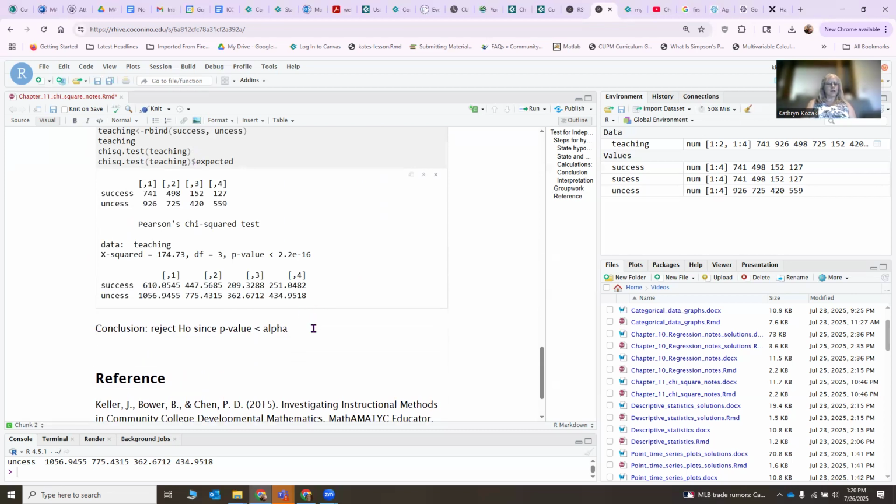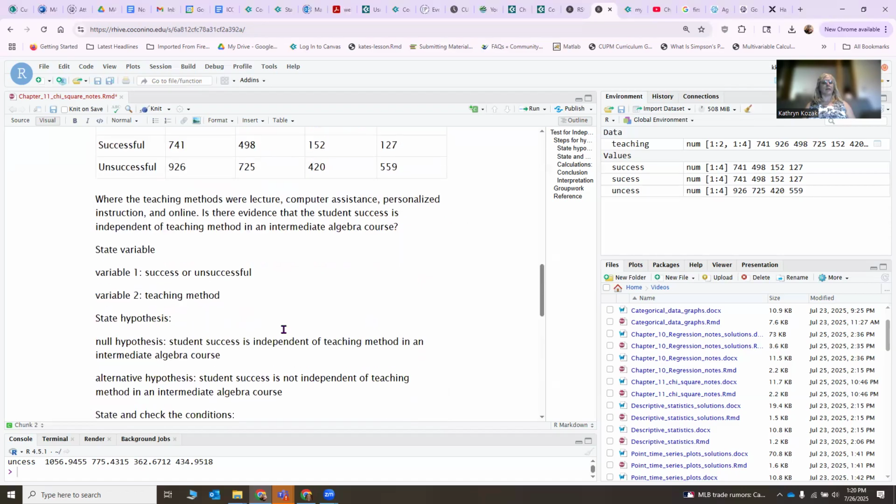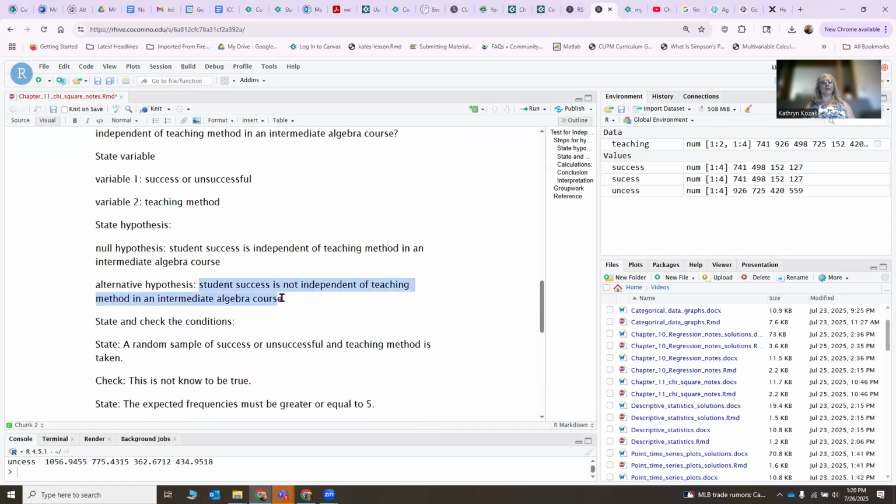We are rejecting H0, so our conclusion is there is enough evidence to support that. And again, we're going to go back to our question here. Our hypothesis was right here, that success is not independent of teaching methods.